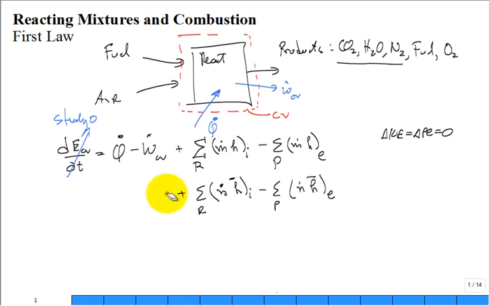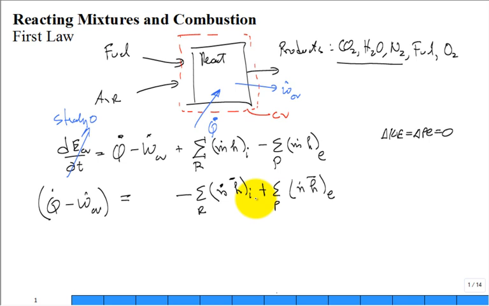What I'm going to do is put Q dot and minus W dot control volume on one side, which means I need to change the sign right there. There's the good equation. I wanted to switch around a little bit.